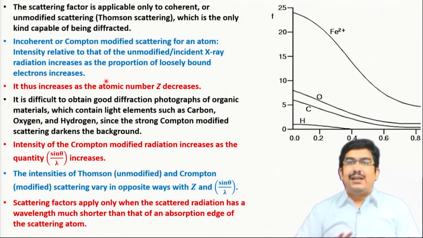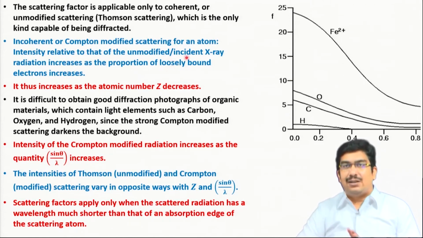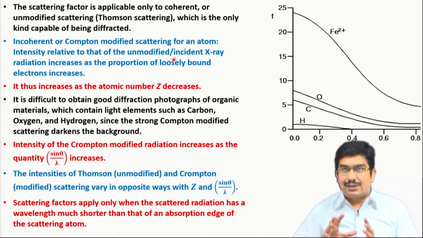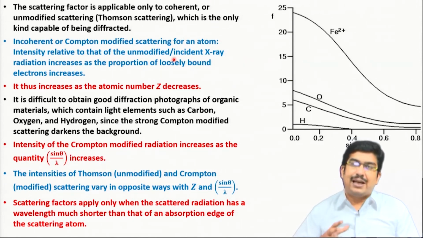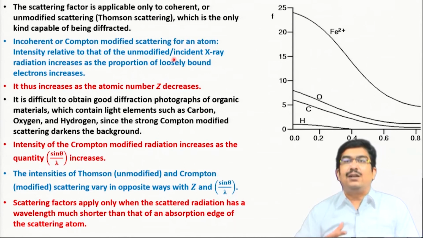Compton modified scattering cannot take part in the diffraction process, because the intensity of this Compton scattering beam is very random. It is a kind of incoherent scattering, and the beam generated out of the Compton scattering process does not have a definite phase relationship with the incident X-ray beam.